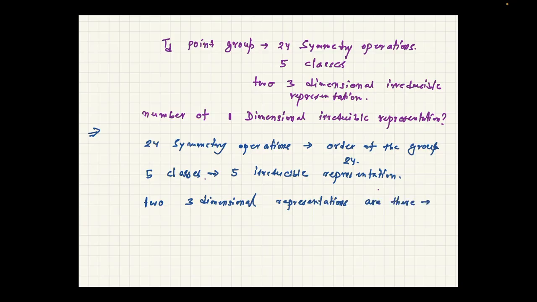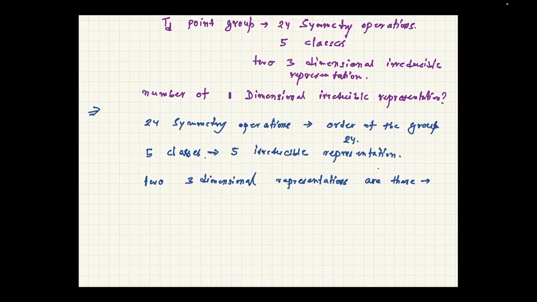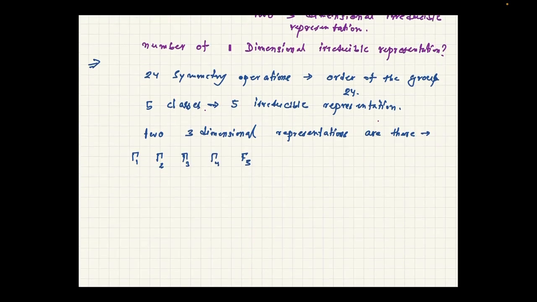Let's say there are 5 irreducible representations: gamma 1, gamma 2, gamma 3, gamma 4, gamma 5. The character of the identity element for gamma 1 is 3, and for gamma 2 it is 3. Two three-dimensional representations are there.